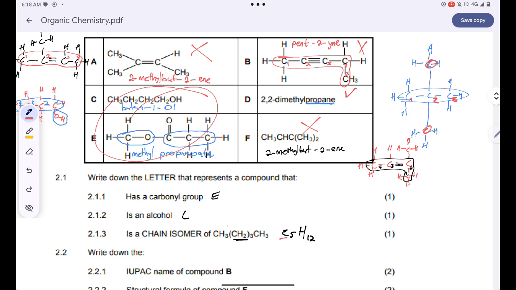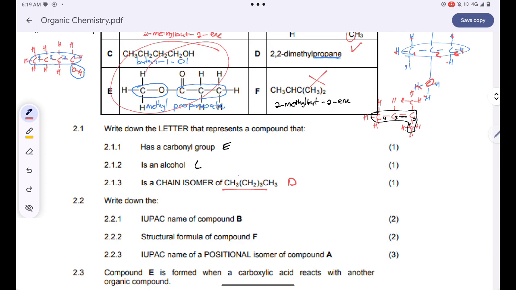So we do have the same number of carbons. Then hydrogens, it's 1, 2, 3, 4, 5, 6, 7, 8, 9, 10, 11, 12. So we also have 12 hydrogens. So these two compounds have the same molecular formula, but different structural formula. So the only compound which is a chain isomer of this compound over here will be compound D.